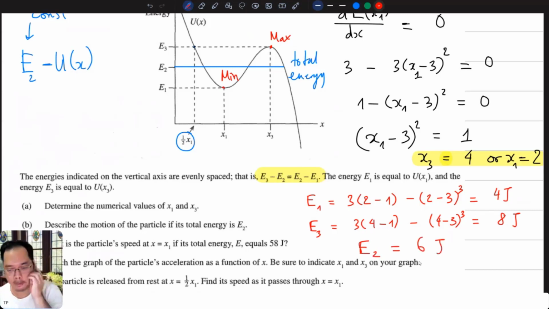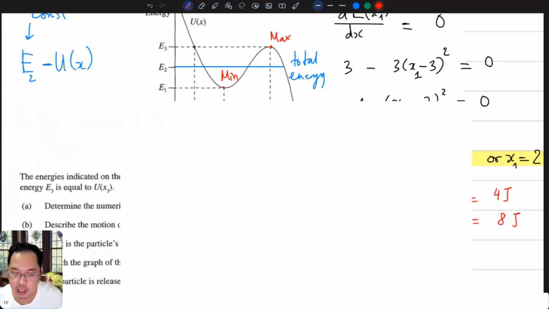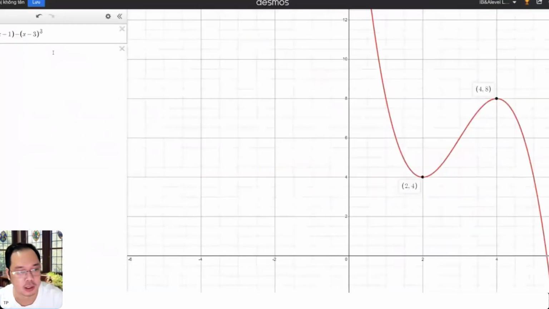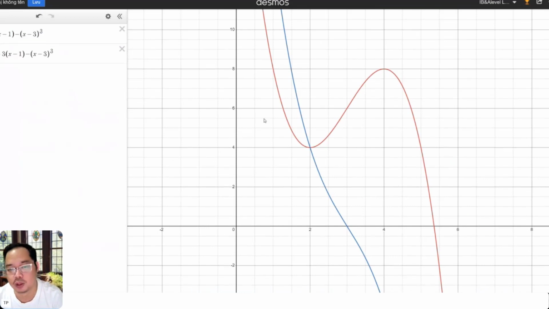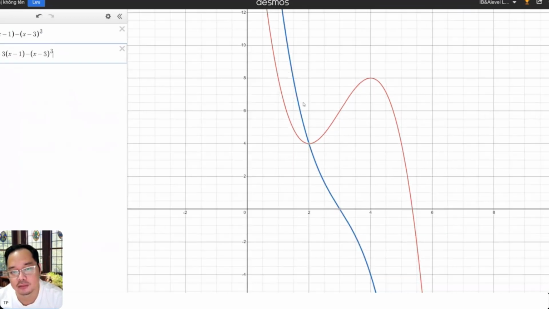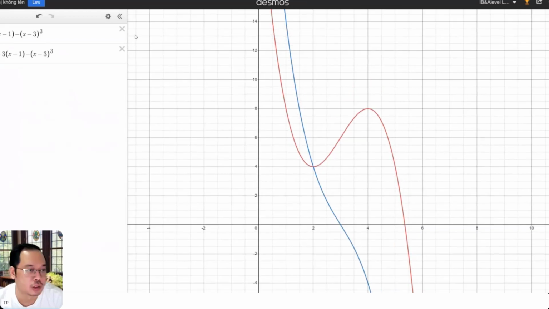Okay. And so when I plot the new graph, which is 6 joules of total energy minus this thing, this blue graph is the kinetic energy. And to have these two types of graph, you use a graphing calculator.